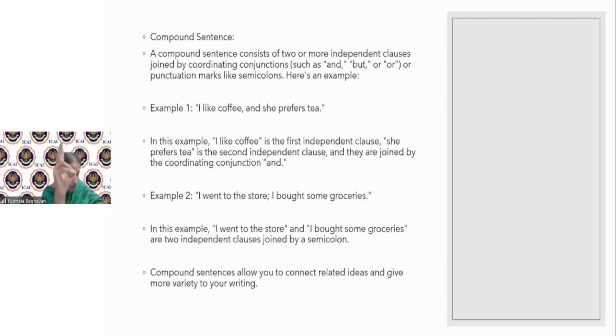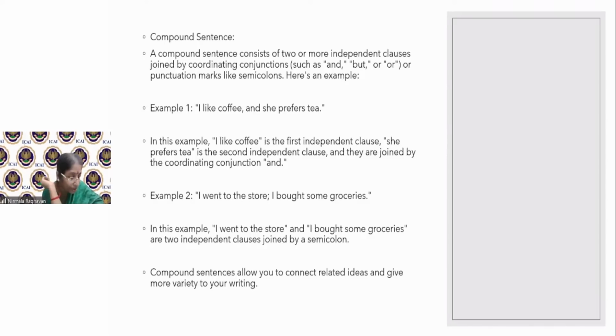Two or more main clauses in a sentence becomes a compound sentence. One main clause and one subordinate clause, or one or more subordinate clauses, will be the complex sentence. And a sentence that has a main clause alone is a simple sentence. That's what you need to understand. I went to the store; I bought some groceries.